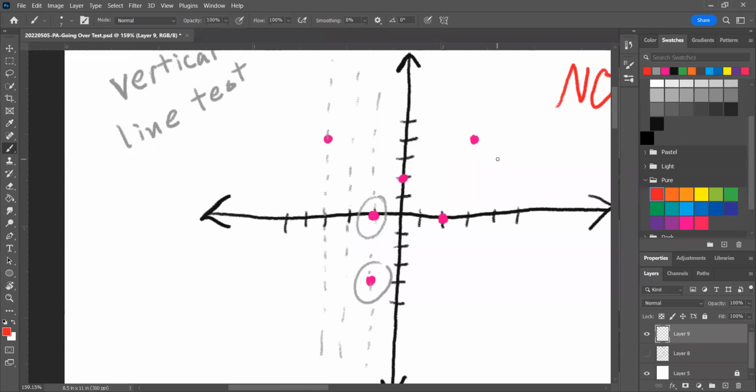So if this is graphed like it looks like it's graphed, this point right here would be the point -1, 0, and this one right here would be the point -1, -1. So that's having the X part repeat. So the vertical line test is just a way to test for a function visually.